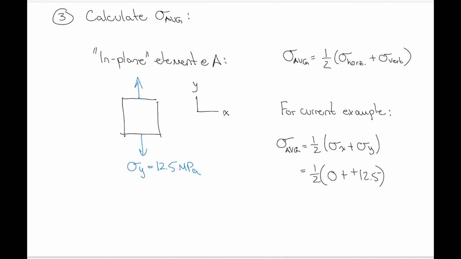If that was a compressive stress, it would need to go in that equation as a negative. Okay, so now we've got 6.25 megapascals for our average normal stress.